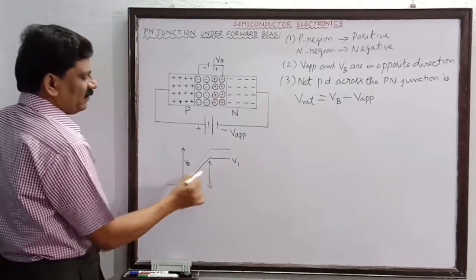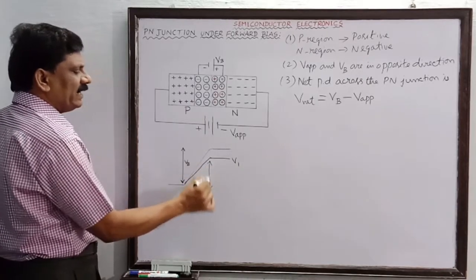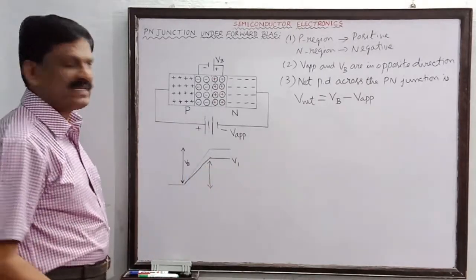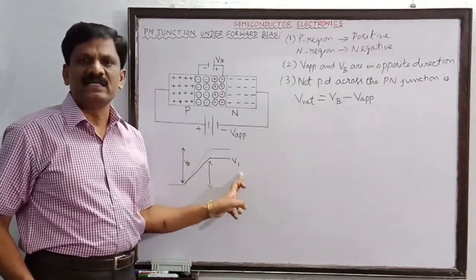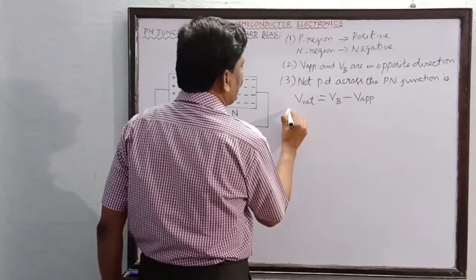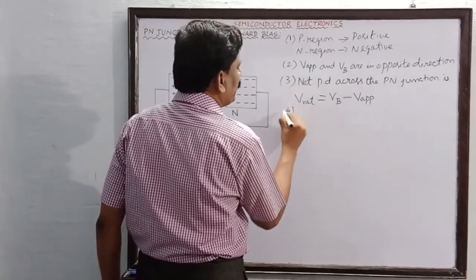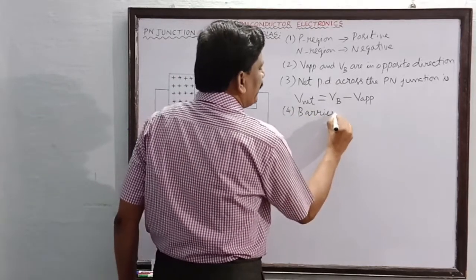Similarly, for any other voltage V2, V3, you see that the barrier height decreases compared to the previous case. Comparing to the unbiased diode, in the forward biased diode the barrier height decreases. That also can be taken as one point. So the barrier height decreases.